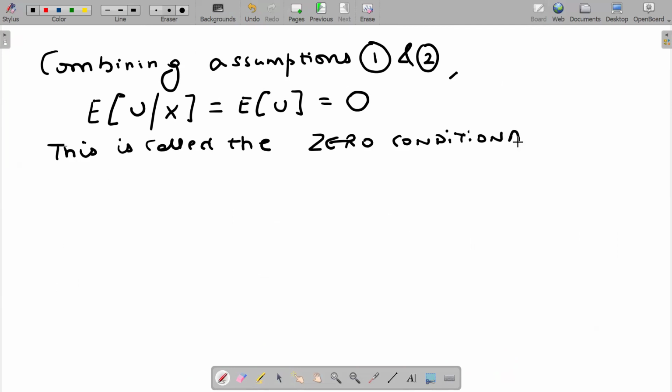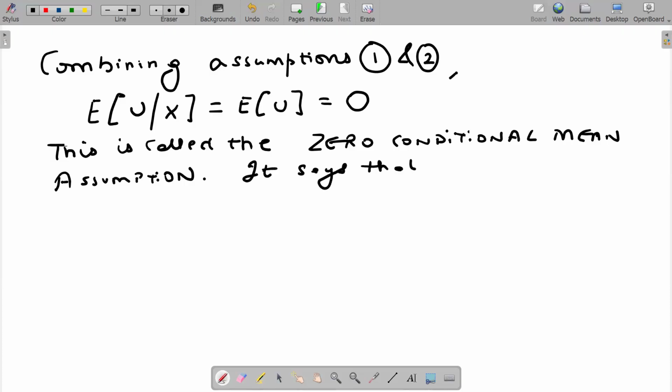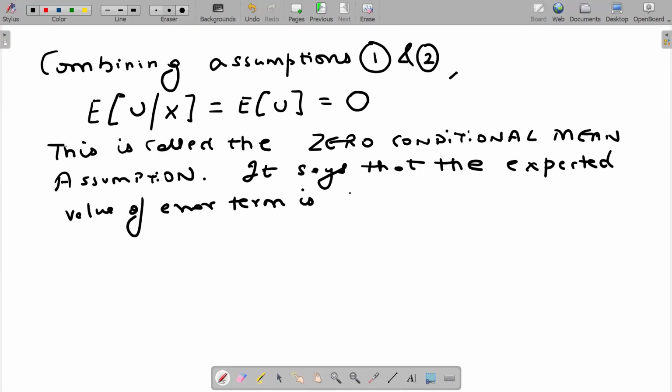What does it state? It says that the expected value of the error term is 0 regardless of the value of the explanatory variable x.